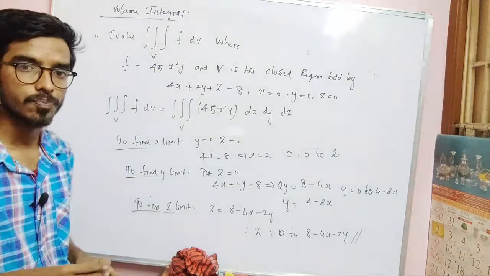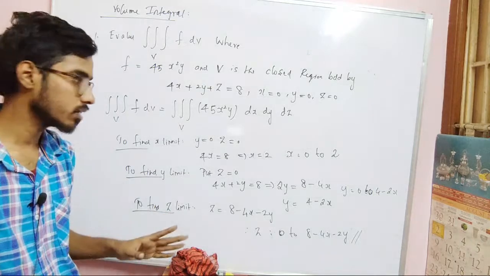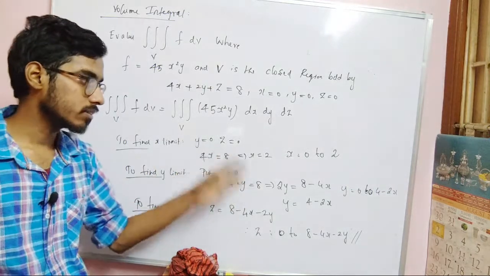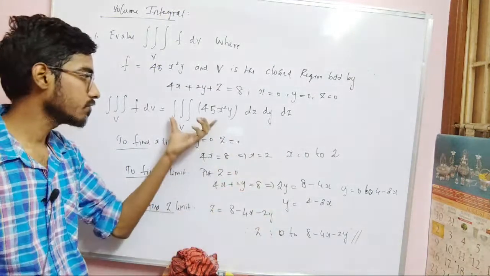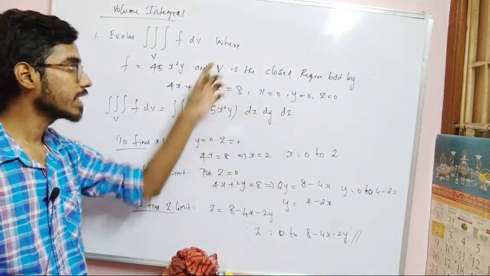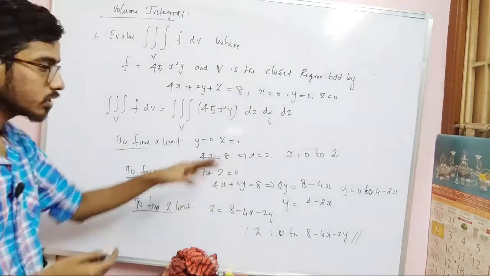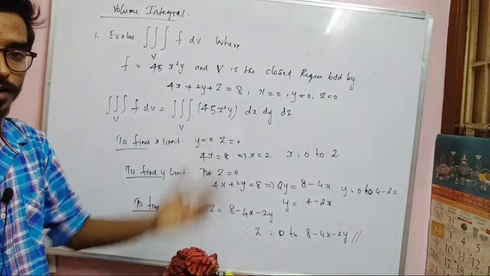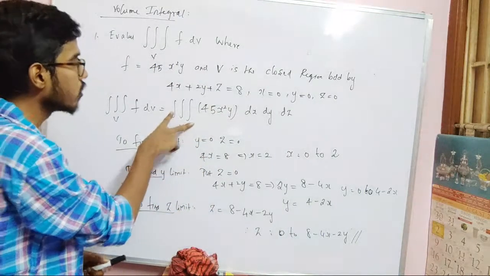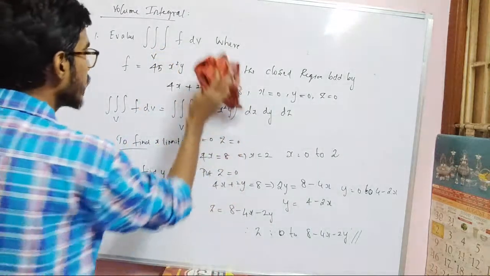The clue I am giving, in none of the books will you find the steps for calculating limits. After this step, they will simply write the step which I am going to write. So this is the extra thing you are writing. In the exam, you don't need to write the method for calculating limits. After this stage, you can simply write the step I am going to write now.